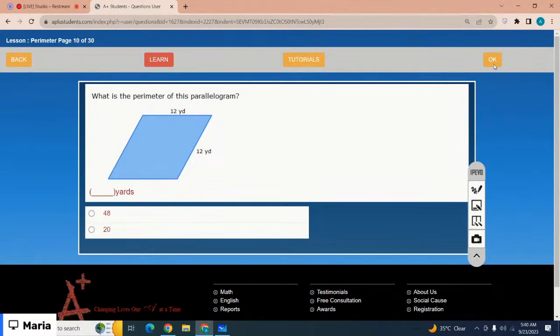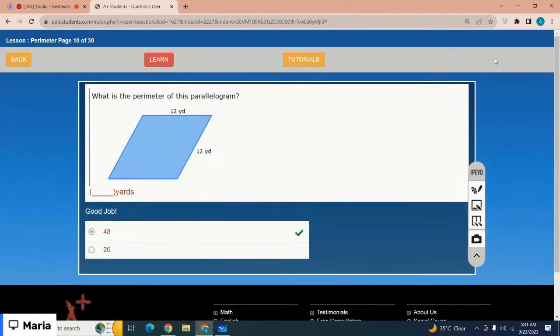You have to add all the side lengths, right? So the correct option is 48 yards.